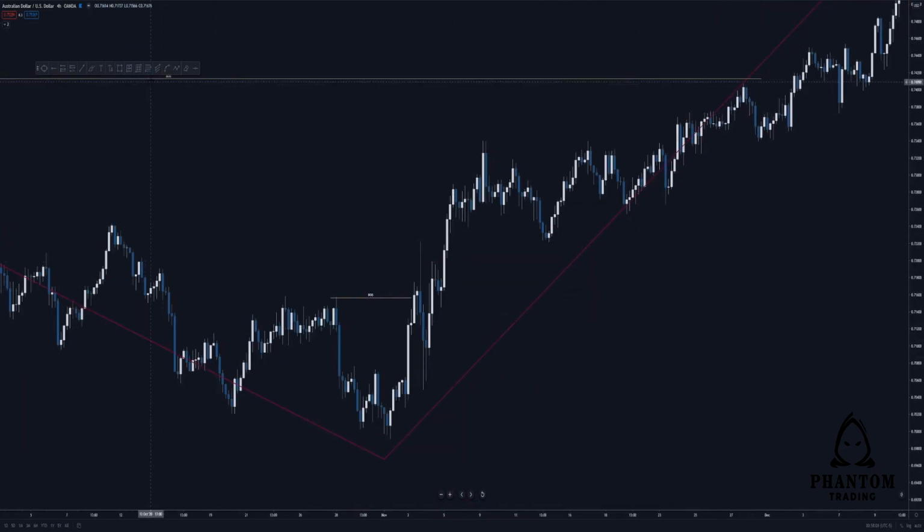So we have our break of structure to the upside right here, which confirms this is the higher high. This becomes the higher low once structure is broken at this level here, right? So it breaks up. This becomes a higher high. This becomes the higher low.